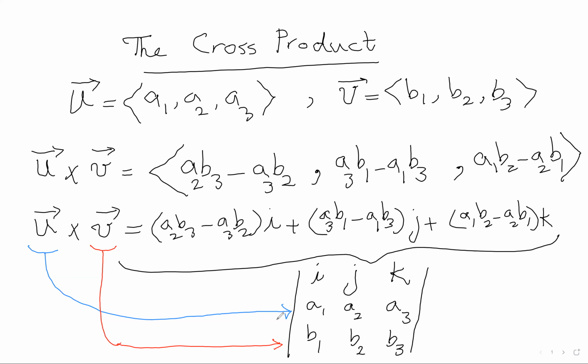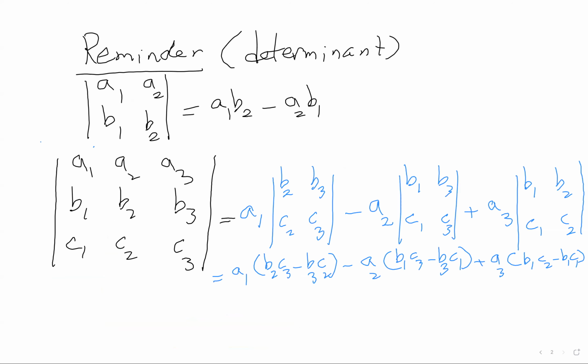So when I expand that, I will get the definition of U cross V. In the cross product, the order of the vectors is important. In the dot product, it didn't matter which vector was first: U dot V was the same as V dot U. But in the cross product, it matters.